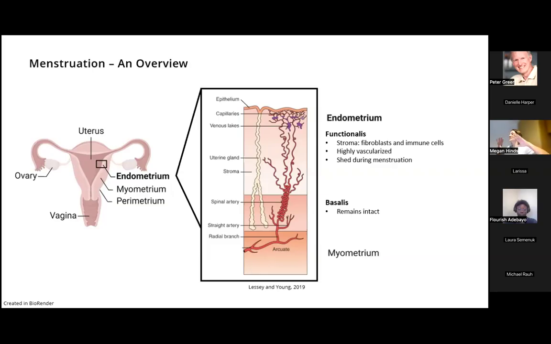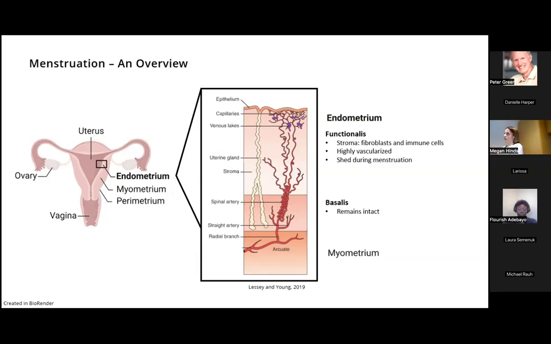So this is an insane process. I'm so happy I'm doing this project because I had no idea. And so what happens basically is when you have that drop in progesterone towards the end of the secretory phase, your blood vessels constrict. And we know this mostly from scanning electron micrograph studies of the endometrium.